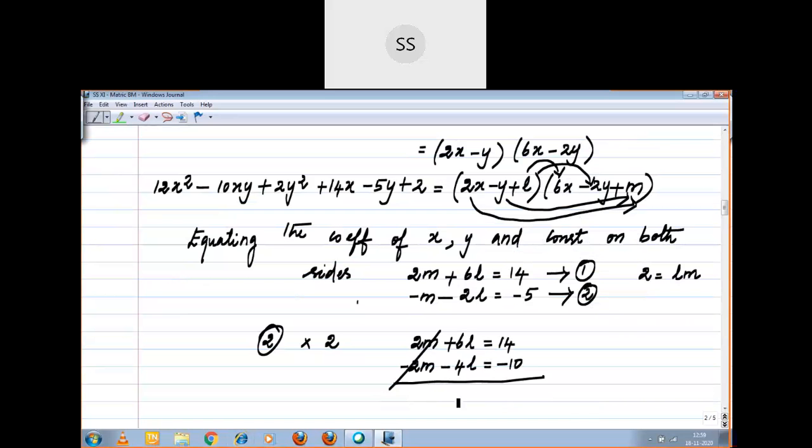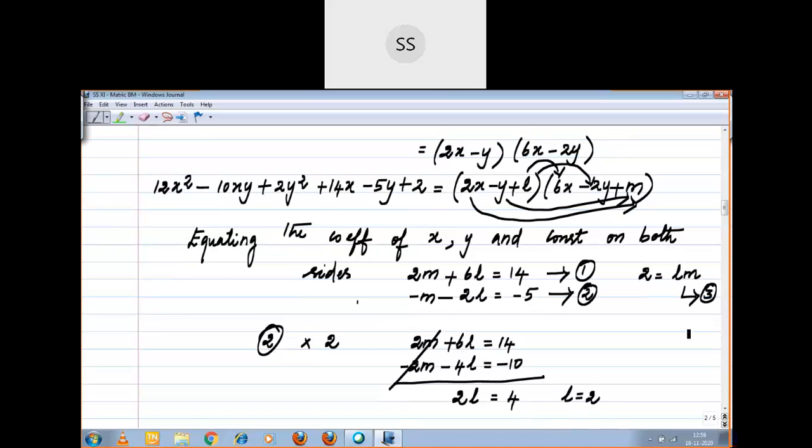You are going to add the equations. When you add, the term M is cancelled here. 2L equal to 4. Then what is L? L equal to 2.